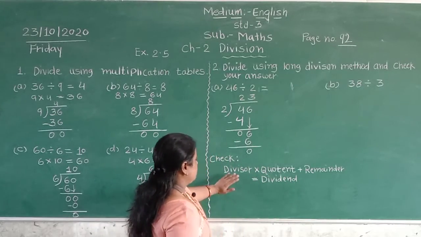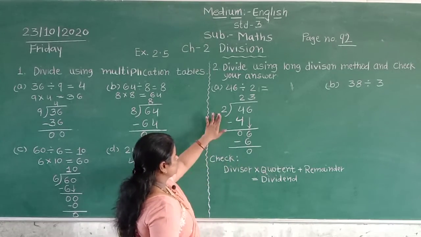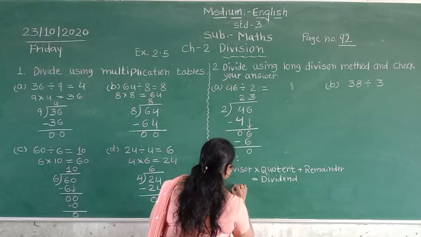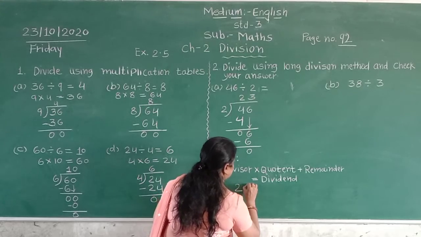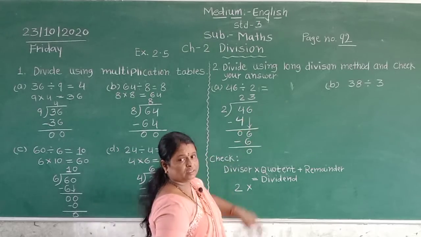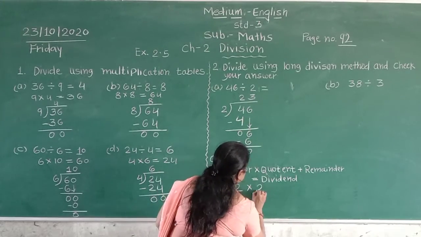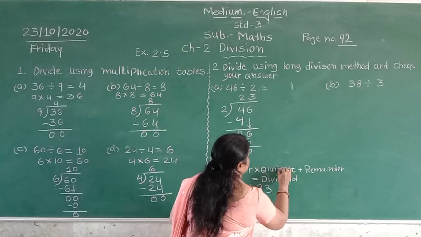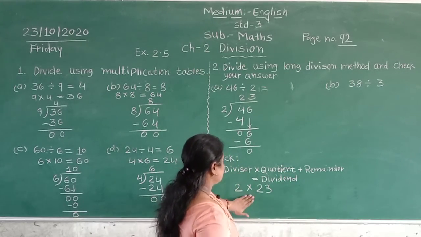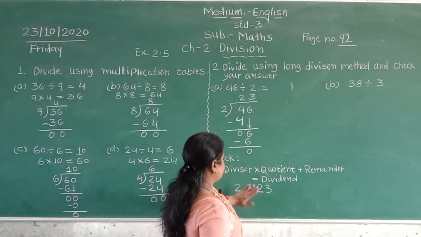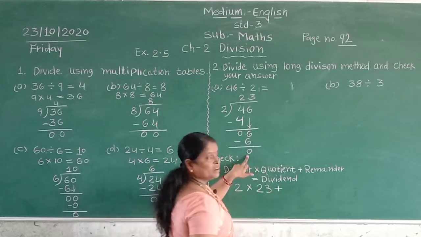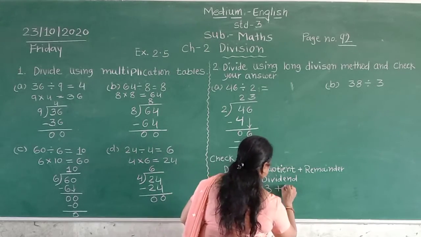Now what number is the divisor? 2. 2 is the divisor. Multiply 23. 2 is the divisor, 23 is the quotient. We multiply both numbers and plus remainder. Remainder is 0. We put this 0 here.